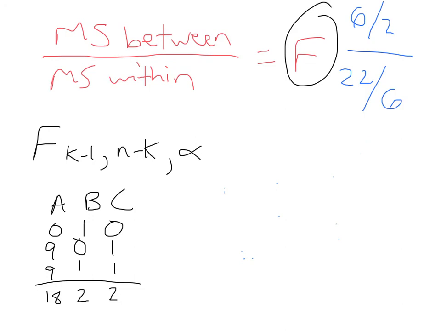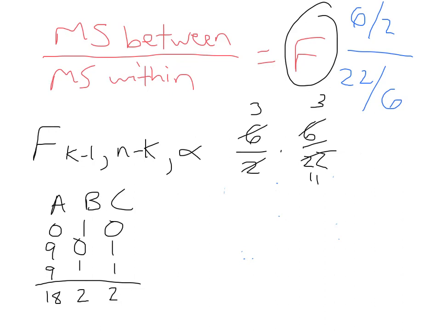So if I look at this F statistic, I have 6 over 2 times 6 over 22. Alright, I can cancel out a 3. Cancel this out, make that 11, make that a 3.